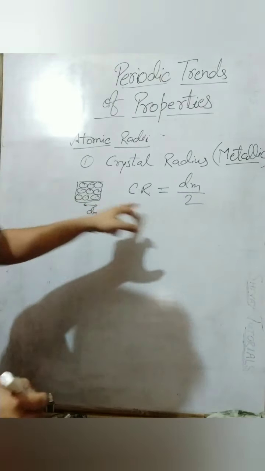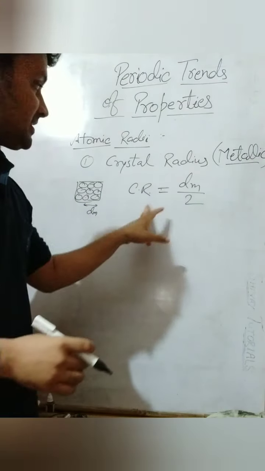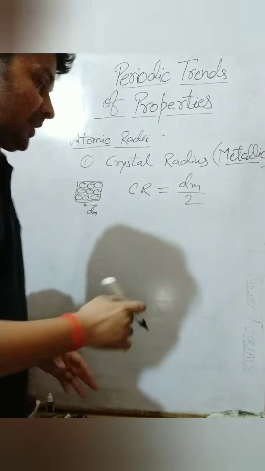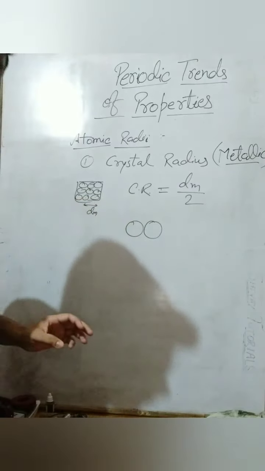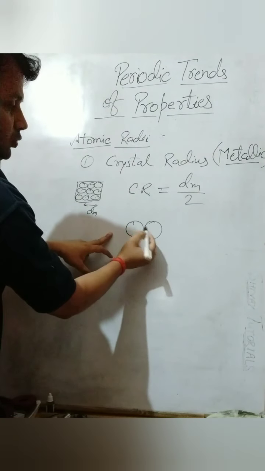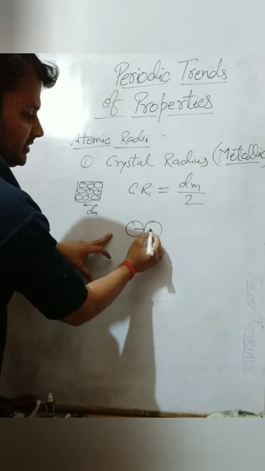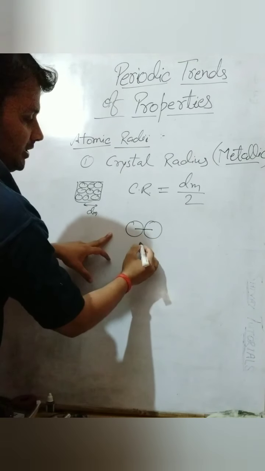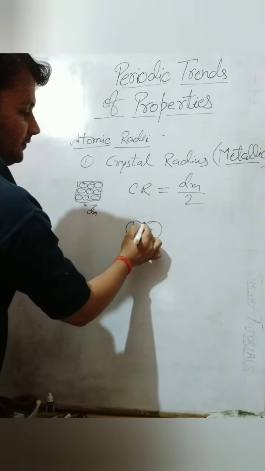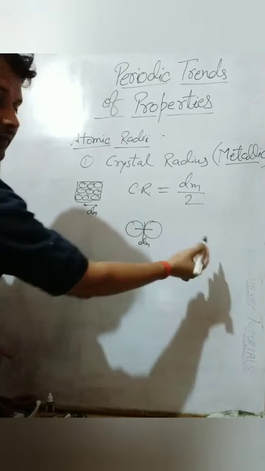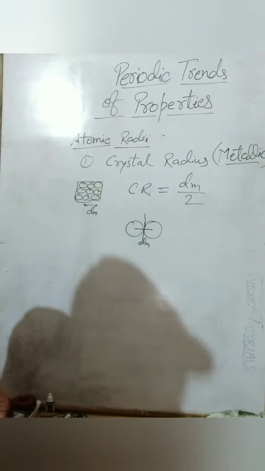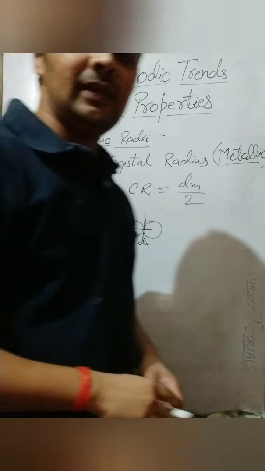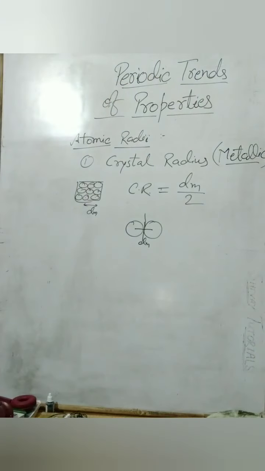Because the same atoms are there, the distance is divided in half. Like for example, if I make a bigger diagram, if it is considered as two atoms, then from center to center the distance is dm. So half is of this atom and half is of this atom. Okay, in this way we can calculate the crystal radius of metallic atoms.